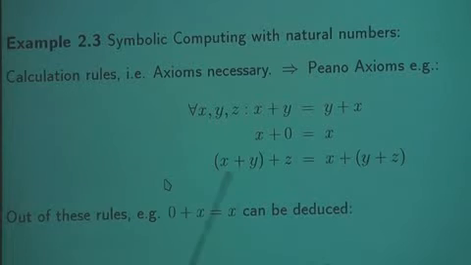Or this equation is the associativity, and that means no matter how I put my brackets, as long as I only do addition, the result will always be the same. And there are some other equations, and from these equations all results in arithmetics can be derived by applying logical inference rules.